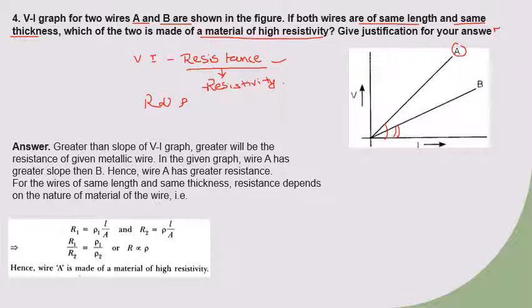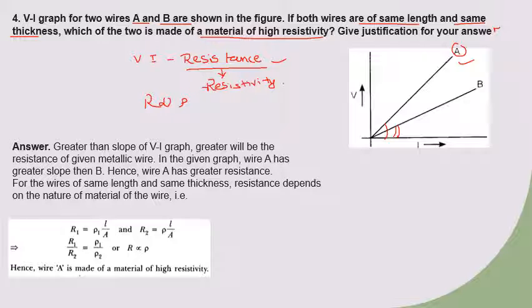So we can say that the resistivity of wire A is more because the resistance of wire A is more. Now let's check how to find this.